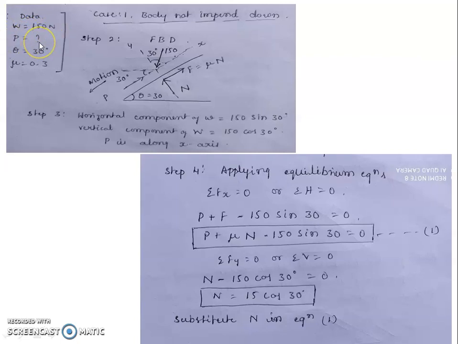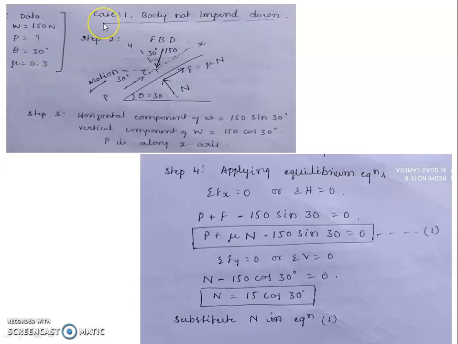They asked for P, the pushing force required to hold the block so that it should not slide downwards. Theta is given as 30 degrees, the angle the inclined plane makes with the horizontal surface, and the coefficient of friction between block and surface is 0.3.